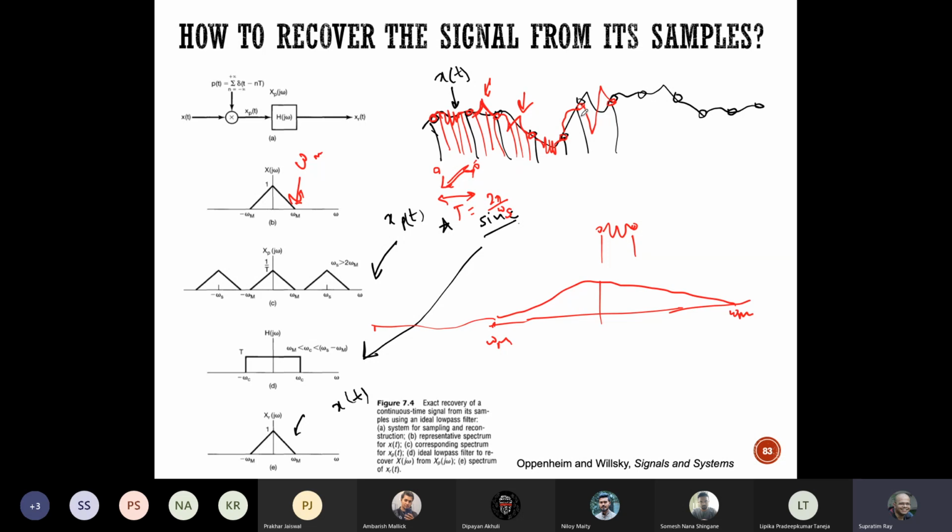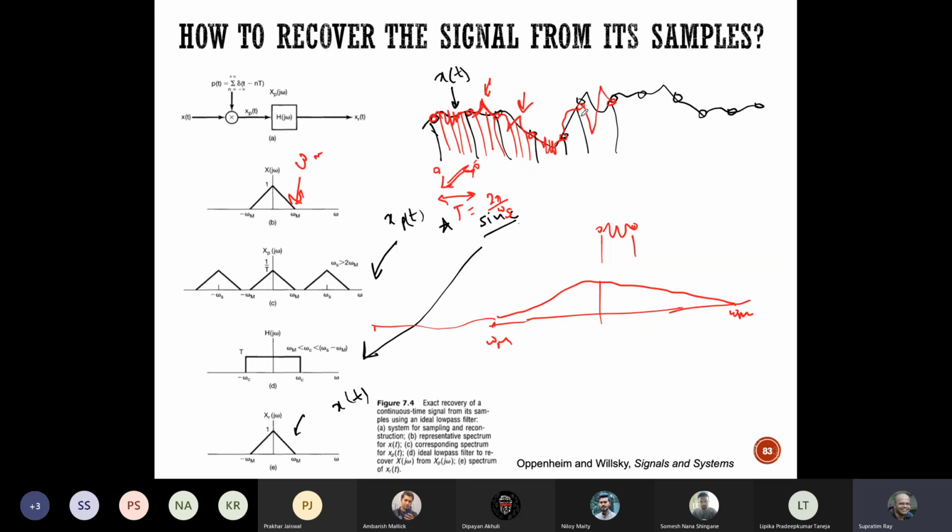If you think about it, it's quite amazing that once you say the signal is not able to change very fast because its maximum frequency content is only omega m, you're already restricting how it can change between one sample and another.